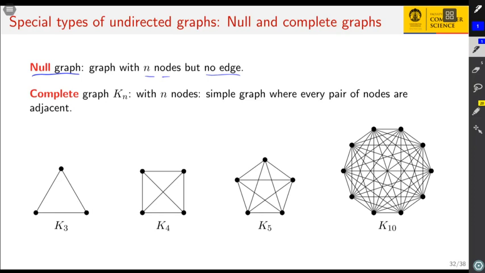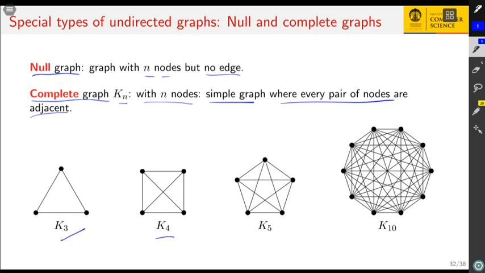On the opposite spectrum, you have a complete graph, and we denote a complete graph with n nodes by Kn, with subscript n. A complete graph is a simple graph where every pair of nodes are adjacent. For example, this is K3, so you have 3 nodes, and every pair of nodes is adjacent.